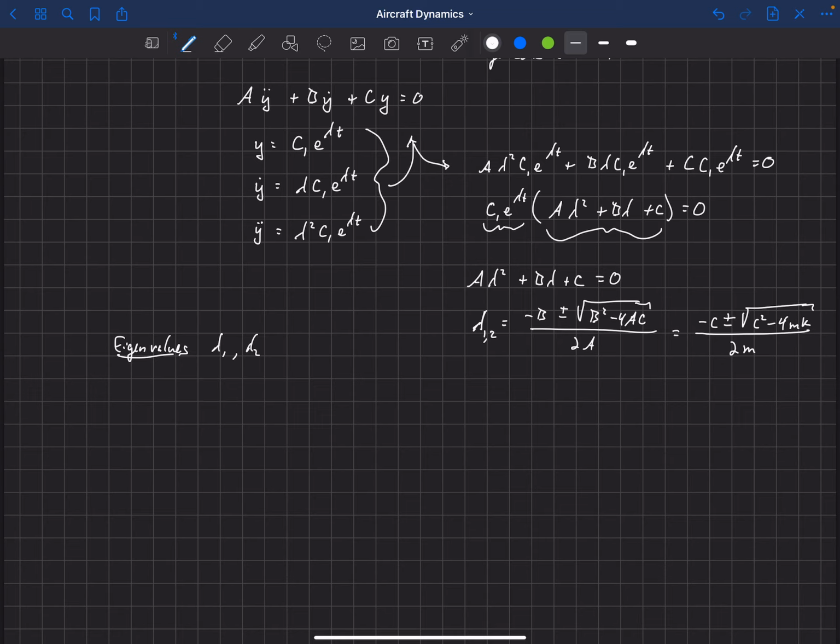Okay, if those eigenvalues are real, negative, and distinct, then we're going to get something called overdamped motion. Okay, overdamped motion.